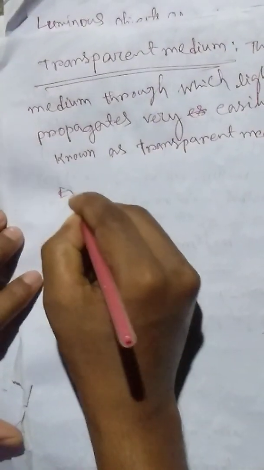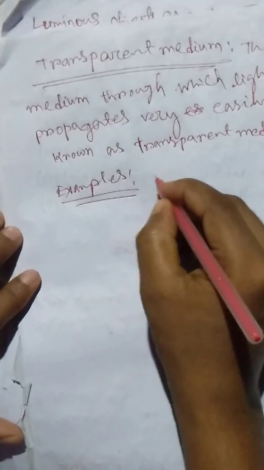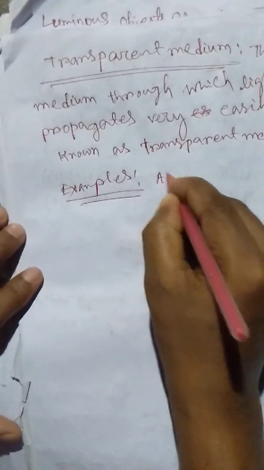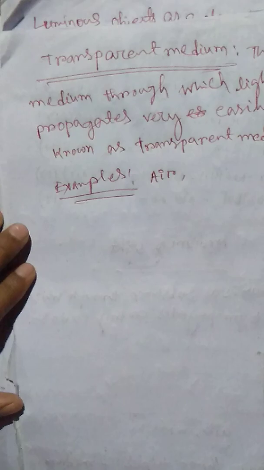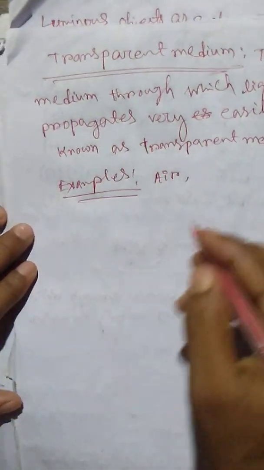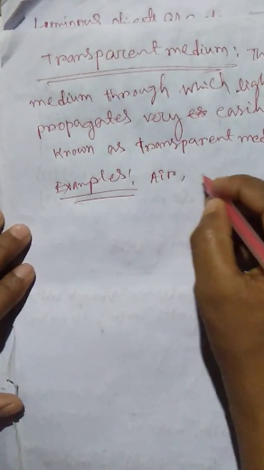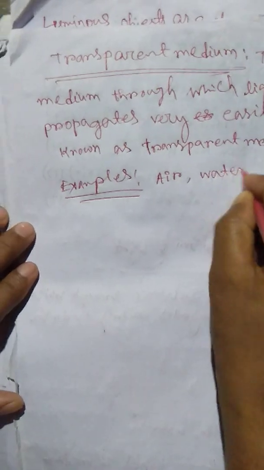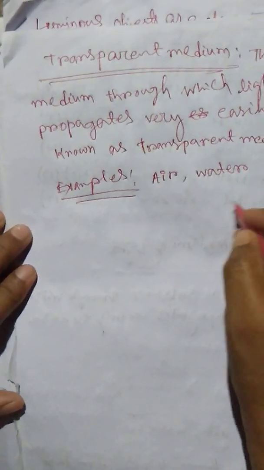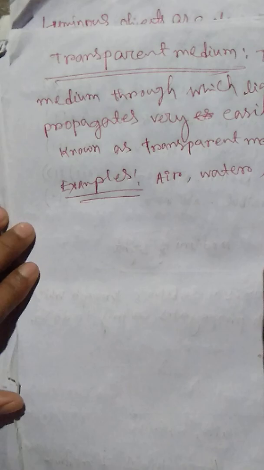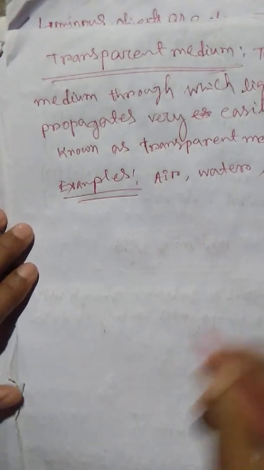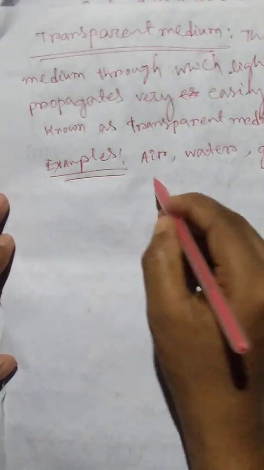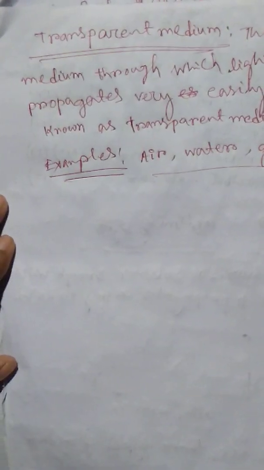The first is air. Air is a very big transparent medium of light. Then water is also an example of transparent medium, and glass is also an example. So these are three examples of transparent medium.